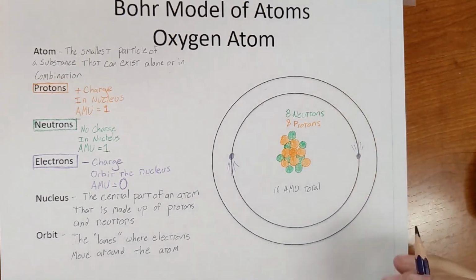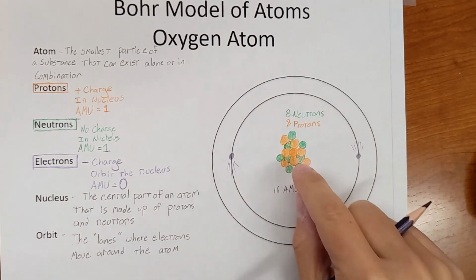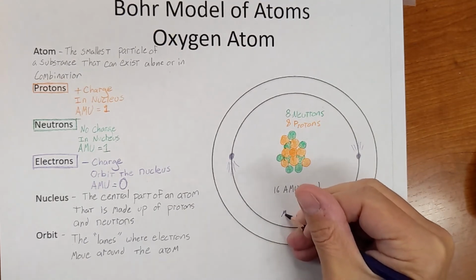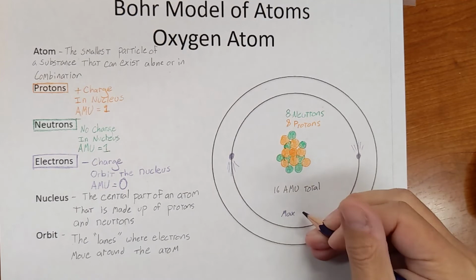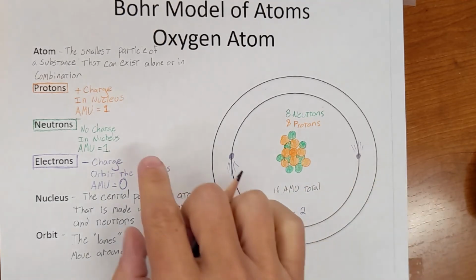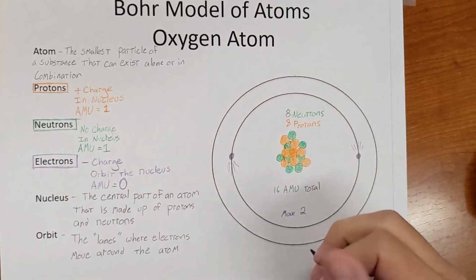But we have a problem. On these orbits, there's a maximum capacity. In other words, there is a limit to how many electrons can be in this orbit. This orbit closest to the center of the atom has a max of 2 electrons. Only 2 electrons fit here. And since oxygen has 8 total electrons, there's 6 left that we have to put in this other ring.